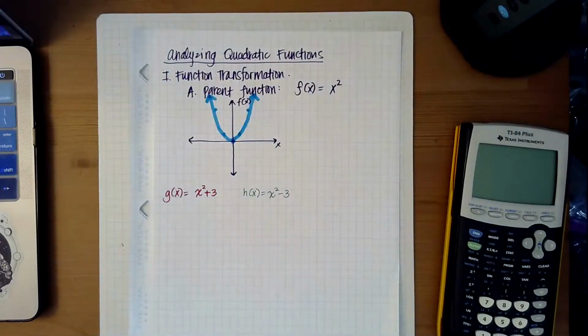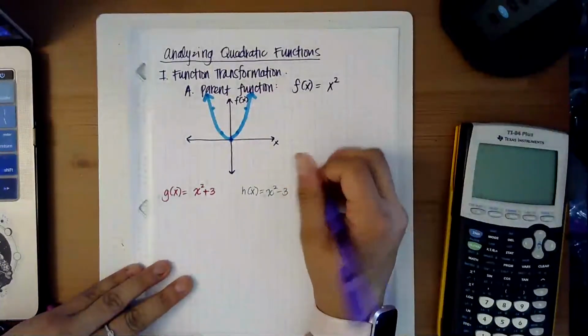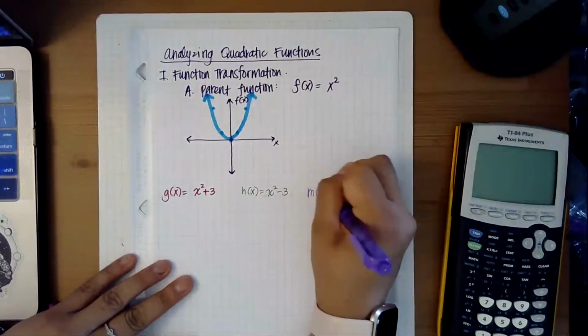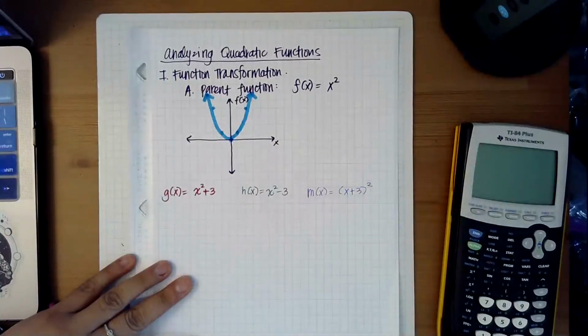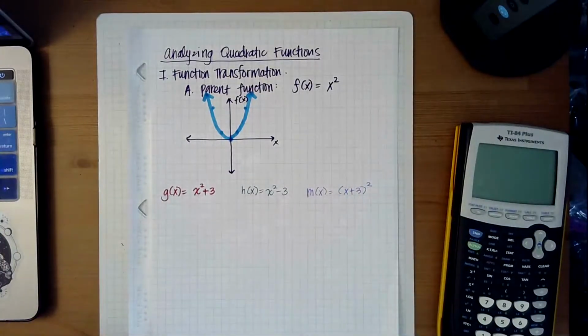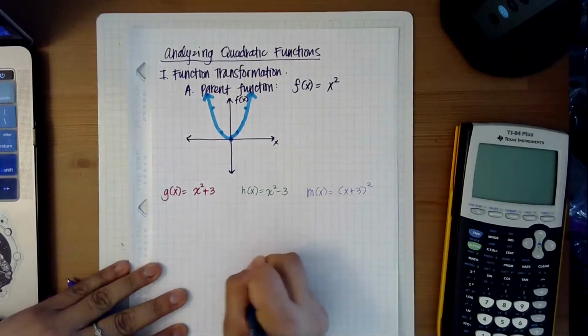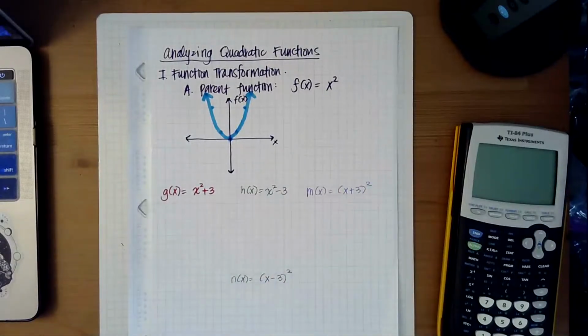Here we go. We'll call it m of x is equal to x plus 3 squared. And then I'm going to also do one more, and that's going to be n of x, which is x minus 3 squared. Okay?